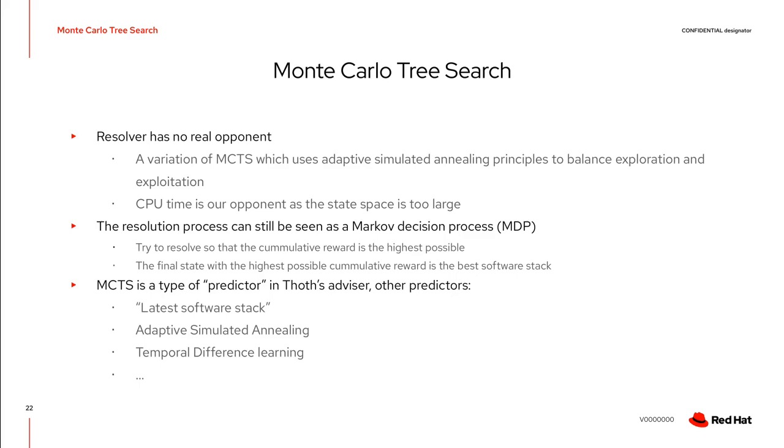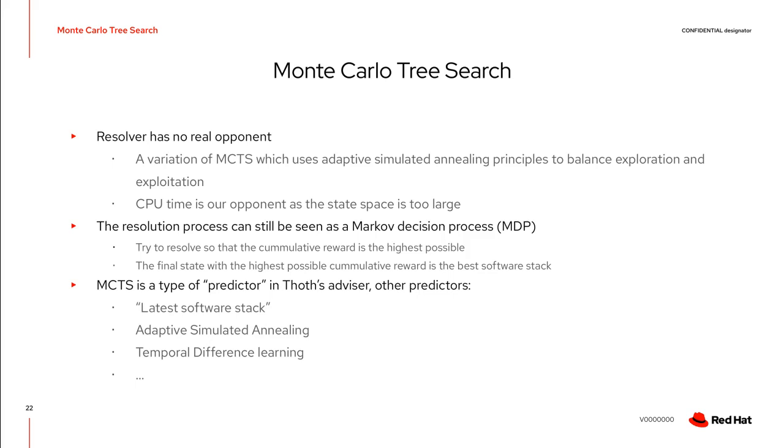It's worth noting here that Monte Carlo Tree Search is one type of predictor in our recommendation engine component that is called advisor. And the predictor is an abstraction that we've created in the implementation. So there are also other abstractions. You see the predictor that is the implementation of Monte Carlo Tree Search, adjusted using adaptive simulated annealing principles.